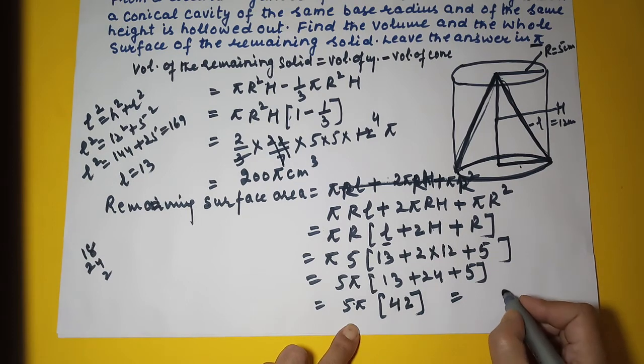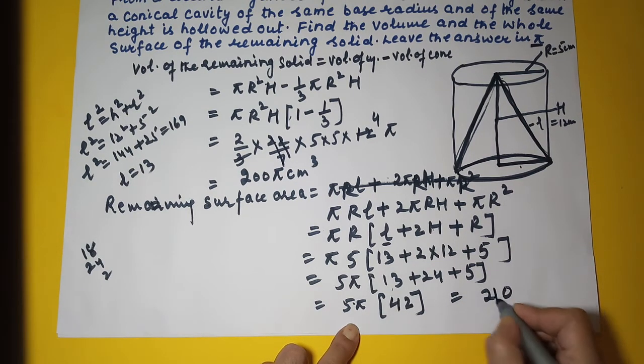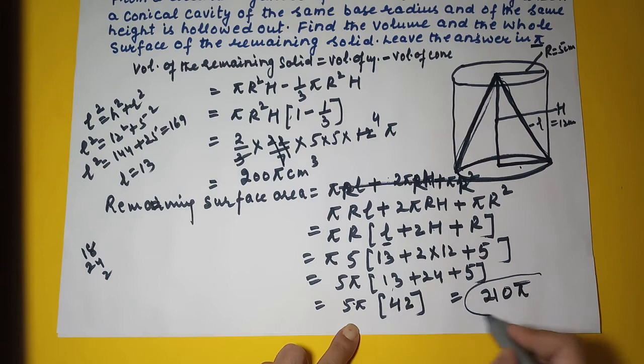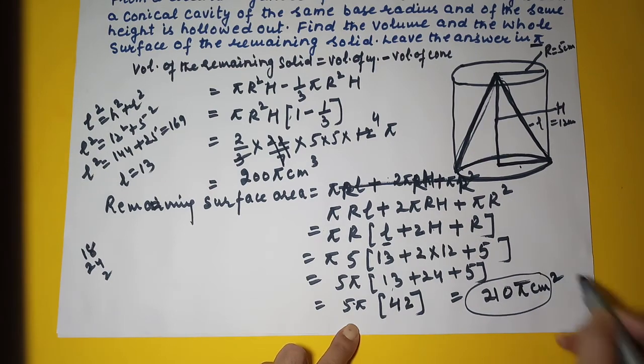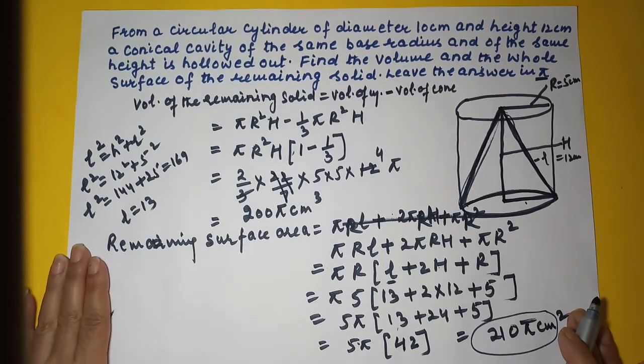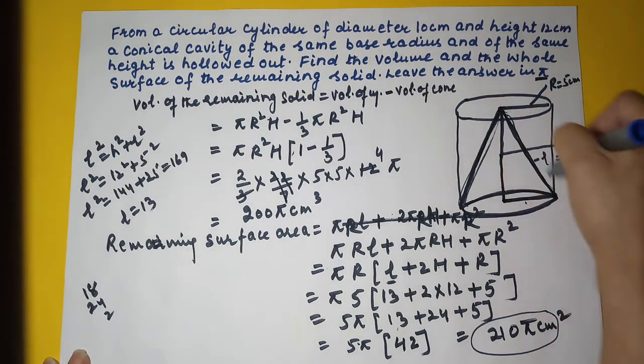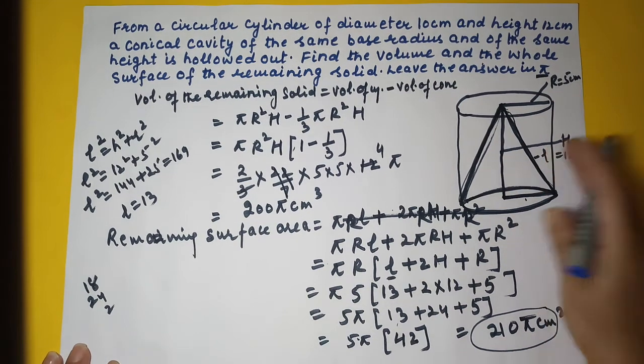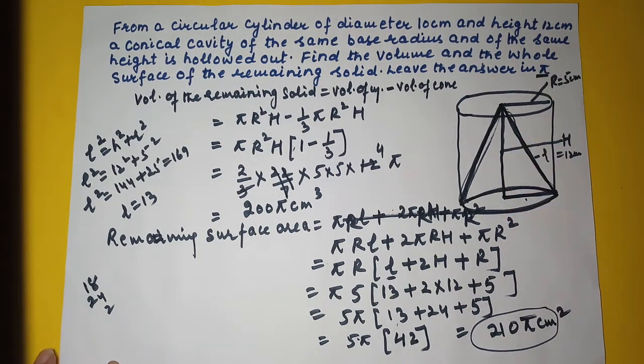So this gives you 5 2s are 10, 5 4s are 20, 210 pi. This is centimeter square. This is the remaining surface area of this solid when you carve the cone out.